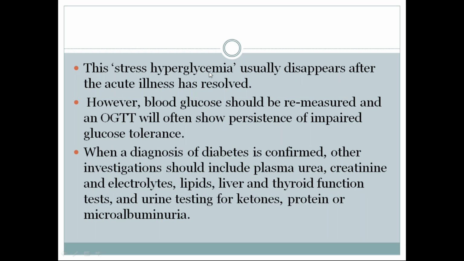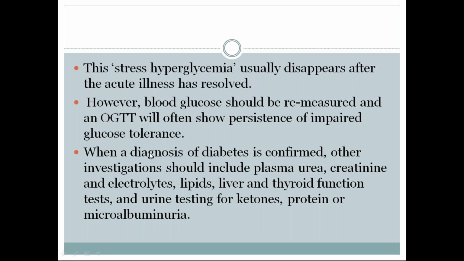Once the stress is gone, the hyperglycemia may proceed to euglycemia, or it may continue as diabetes. So blood glucose should be remeasured, and an oral glucose tolerance test will often show persistence of impaired glucose tolerance.